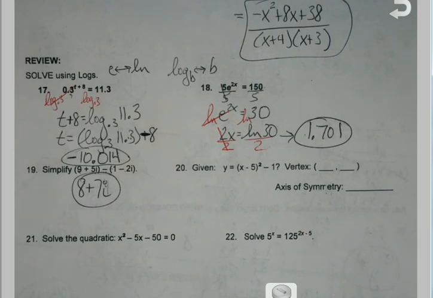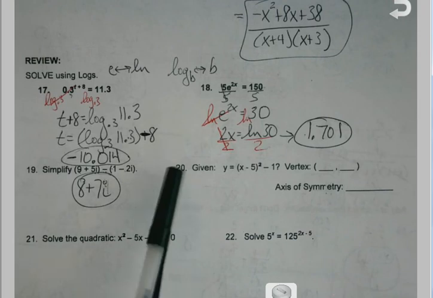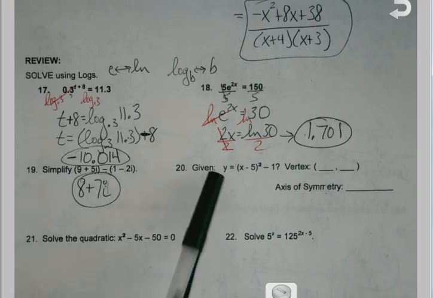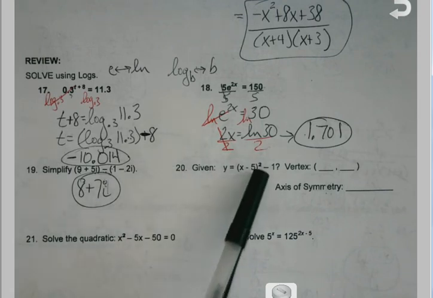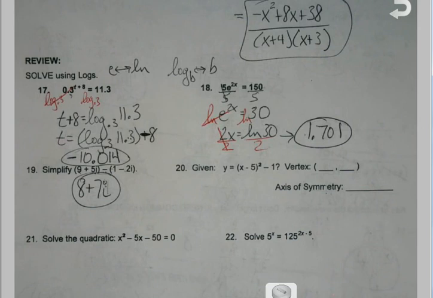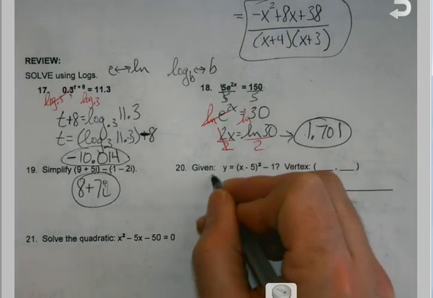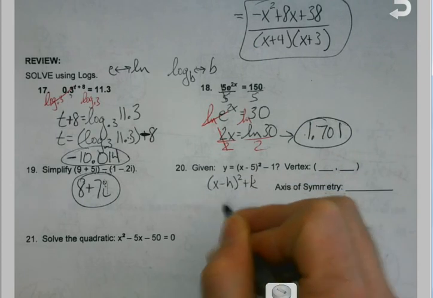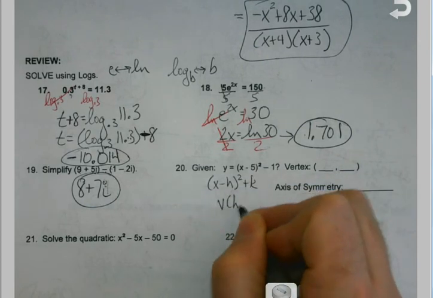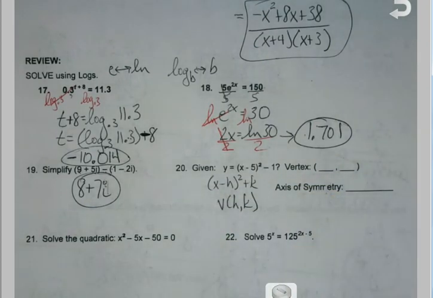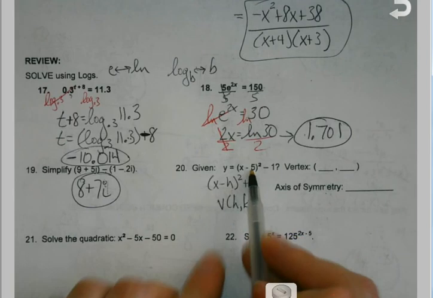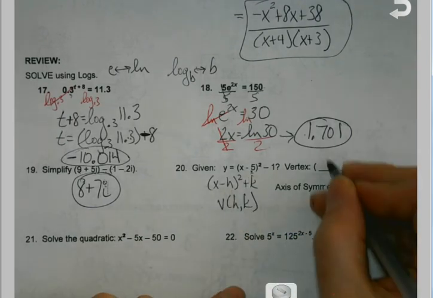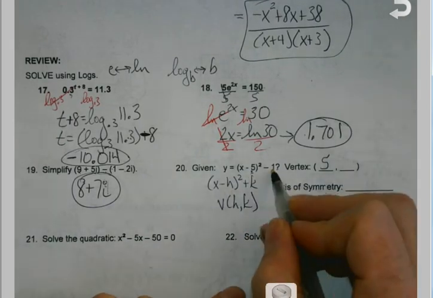20, y equals x minus 5 squared minus 1. What's the vertex? Ooh, remember, when we're in a form like this, where my vertex is at h, k, I'm basically just taking the opposite of what I see here, so 5, and then keeping this value.